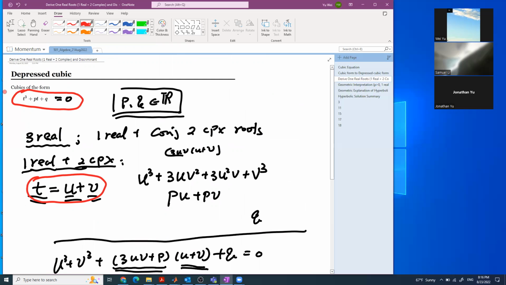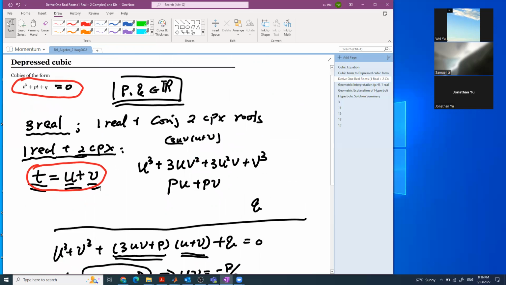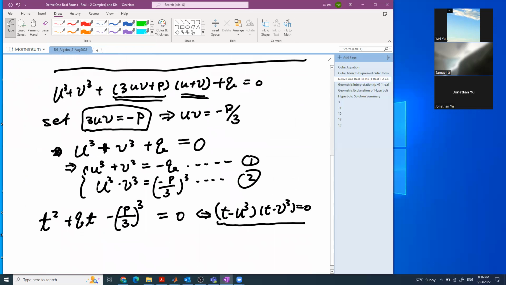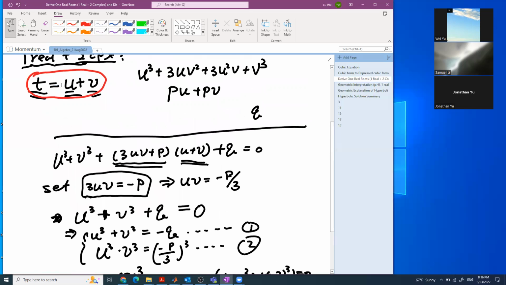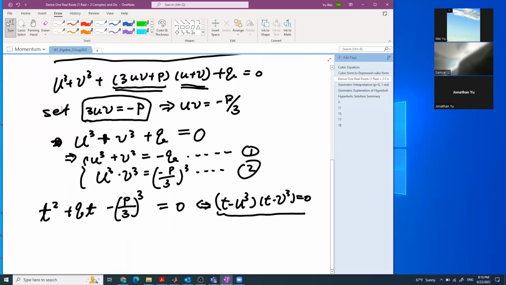We set t equals u plus v, and we try to figure out what u and v are in order to get the real solution. So now it comes to here. Now use t. Can I use x?